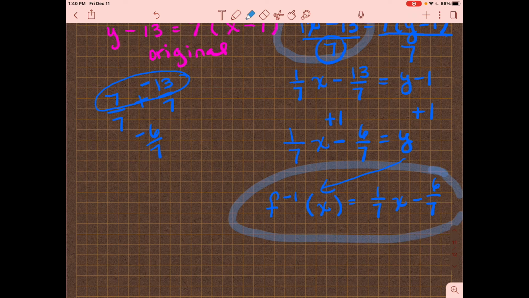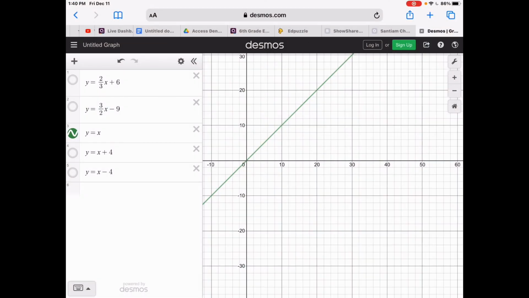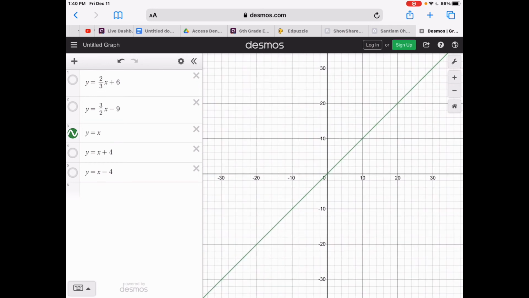So what you need to remember about this, inverse functions are not mysterious. We're just going to swap the x and swap the y because we want the input to become the output and the output to become the input. So we're just switching the place of the x and the y. Really quick, I'll show you what this looks like on a graph. These equations actually become reflections. You'll learn about that more in geometry.